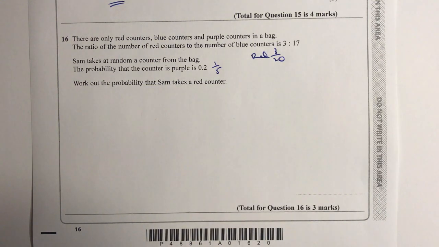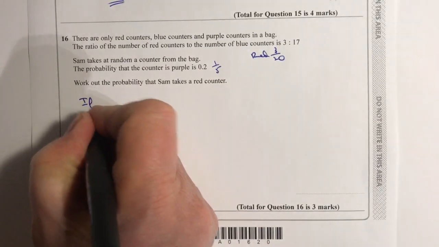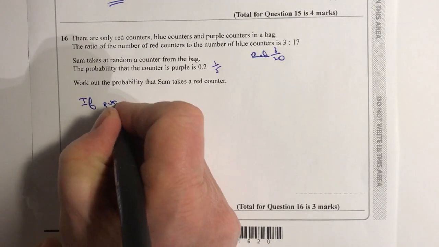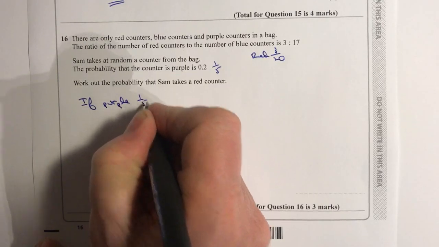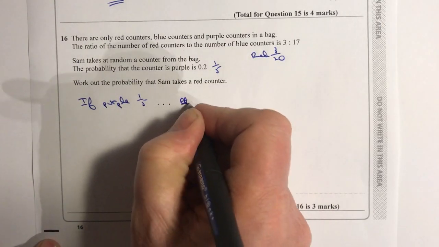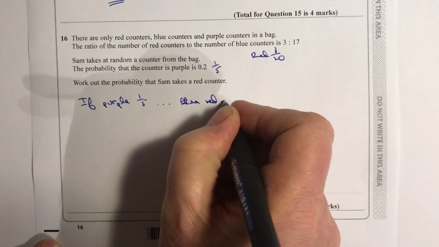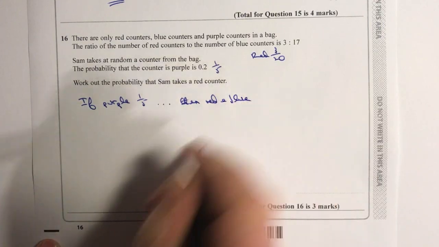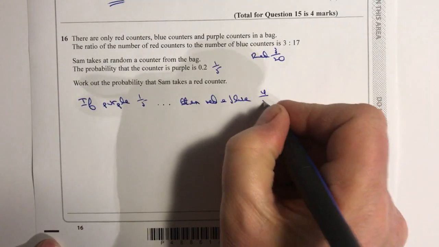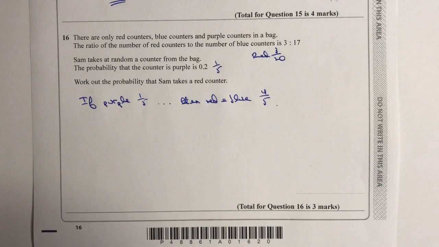Well, that also means then that if the purple counters are 1/5, then red and blue must be the remainder, which is 4/5. So there must be 4/5 red and blue counters within the bag of counters.